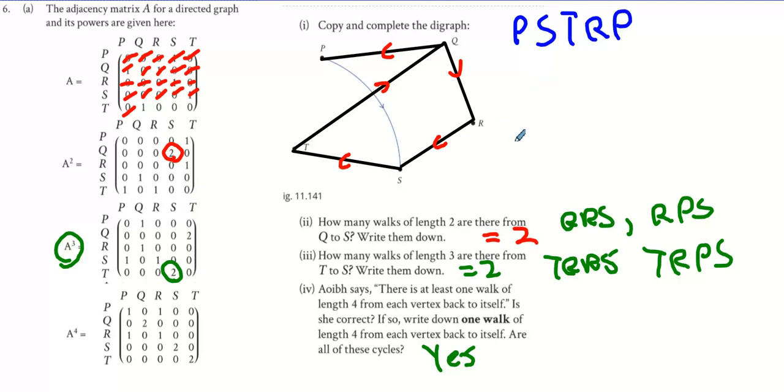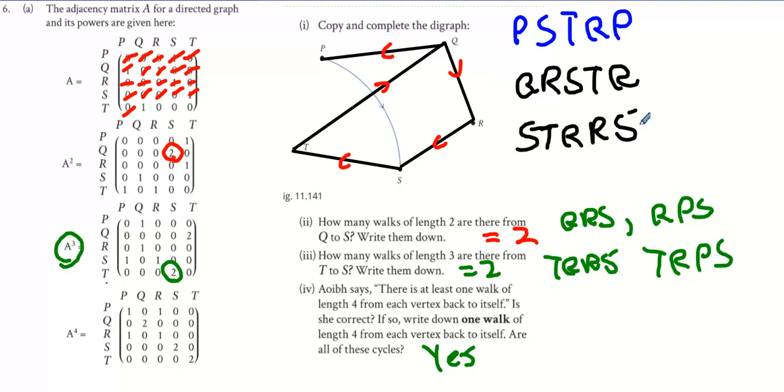Now I'm going to do Q to Q. That's an easy one, isn't it? Q, R, S, T, Q. See that there? Okay, what about S to S? It's the same thing, except it's in a different order. It's S, T, Q, R, S. R to R is easy as well, isn't it?